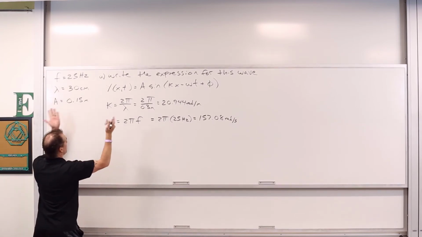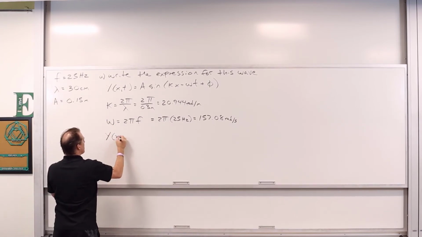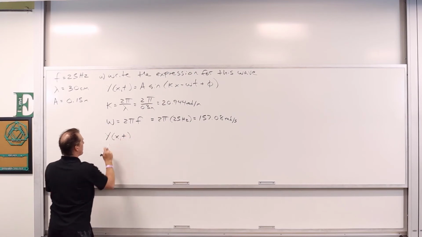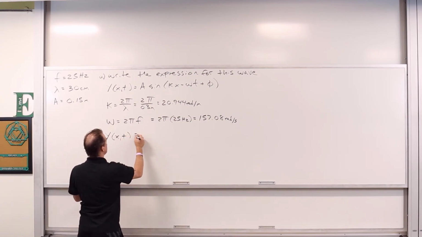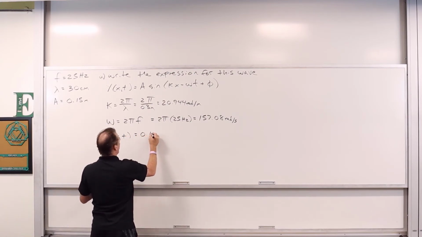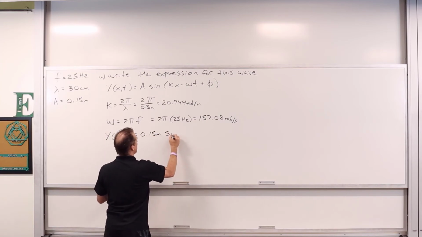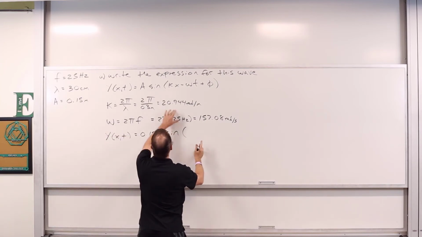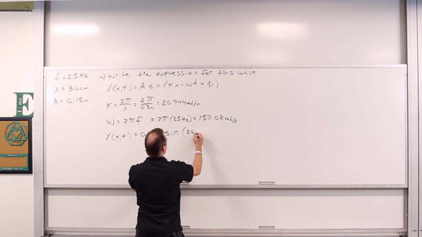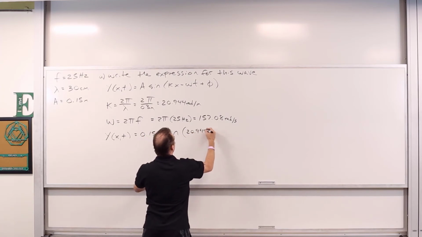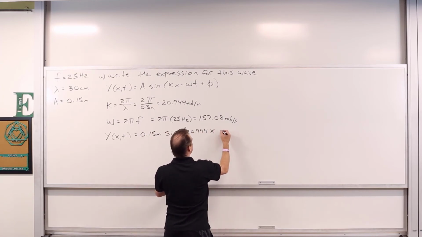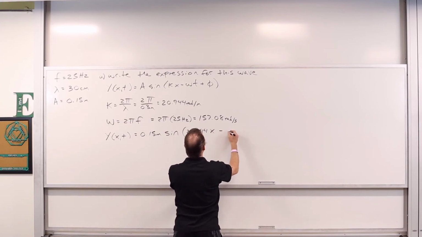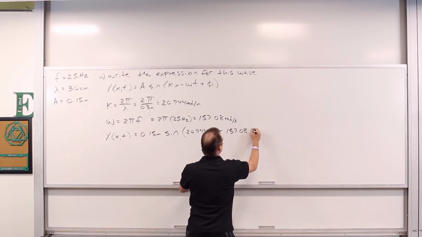So we don't know what phi is. That's okay, but we can still write the expression now. We've got that y of x and t, displacement as a function of position and time, is equal to 0.15 meters multiplied by the sine of k, which is 20.944, times x, minus omega, which is 157.08 times t.